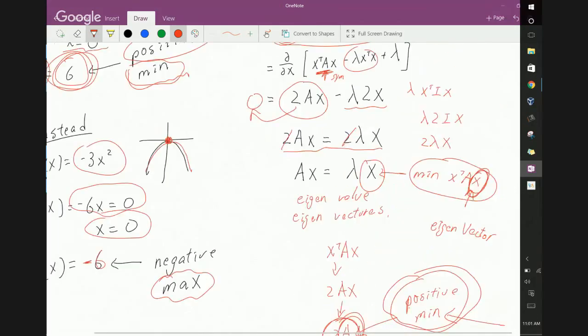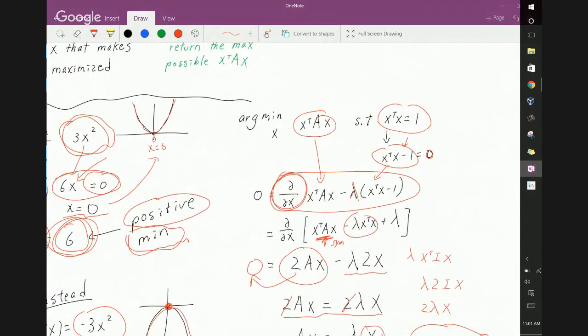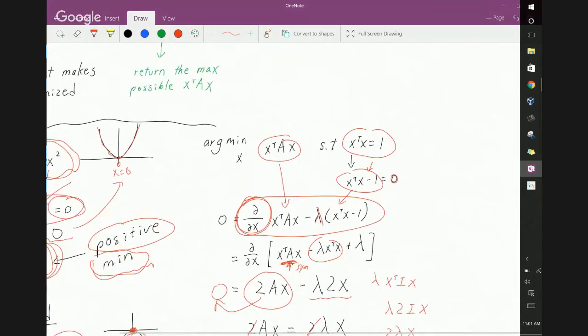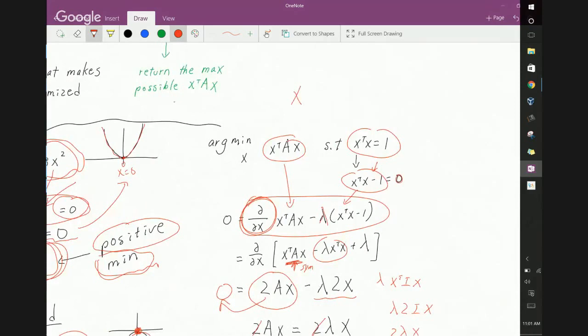So to recap, if we want to find x such that this whole expression is minimized, we look at the A itself and find the eigenvalues as well as the eigenvectors.